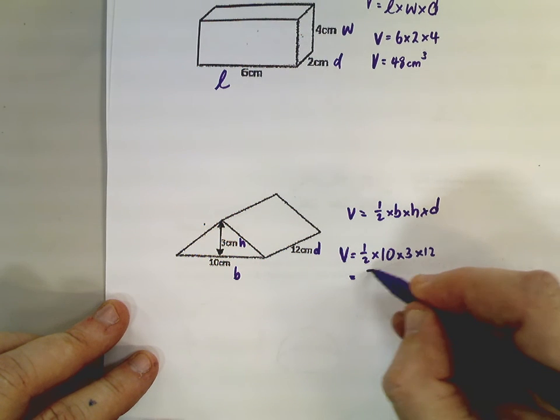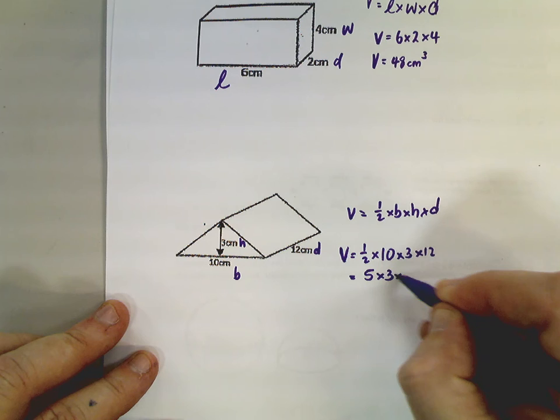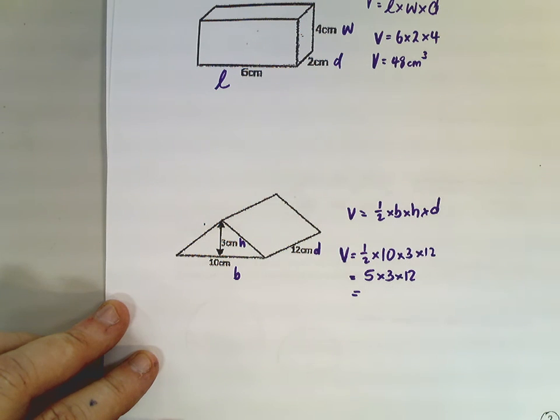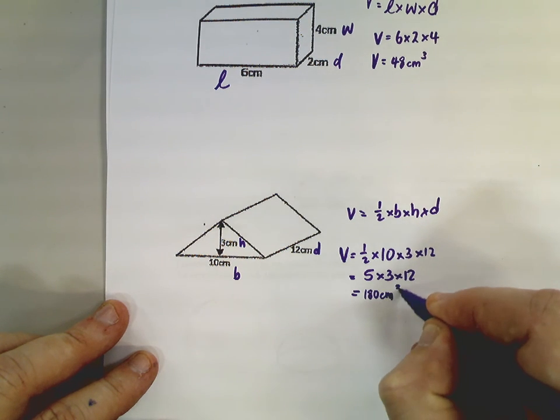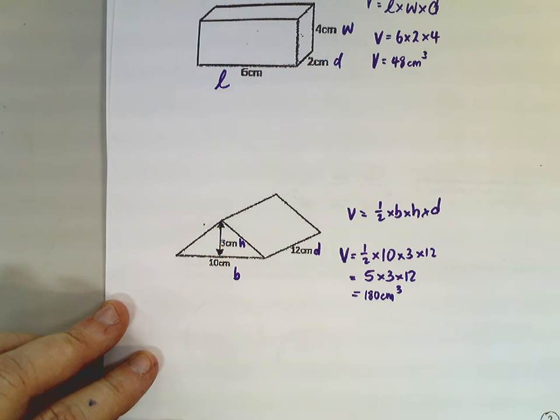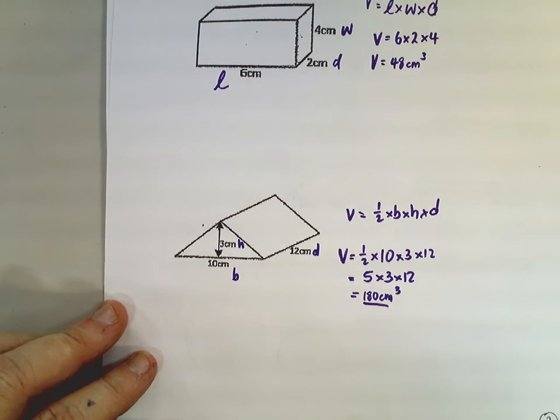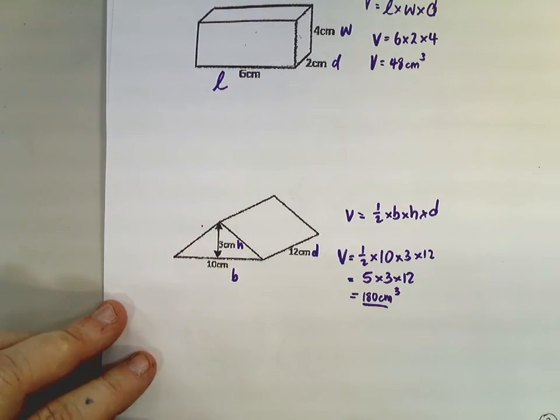So half times 10 is 5 times 3 times 12. Let's calculate that in. 5 times 3 times 12 gives 180 centimetres cubed. Now, once again, let's put the right number in. 5 times 3 times 12, 180. So I checked my answer, so I'm sure that I'm right.